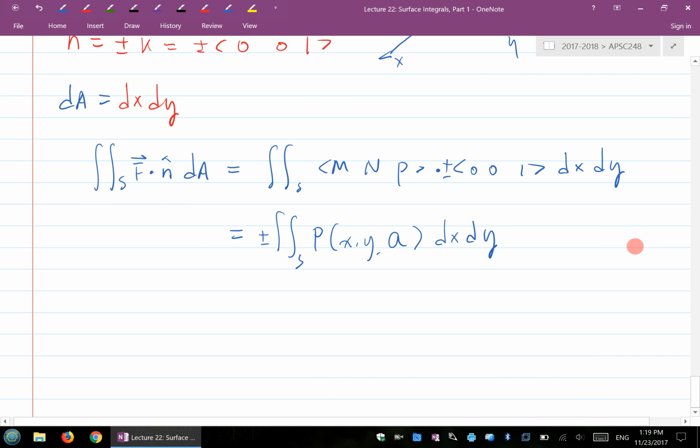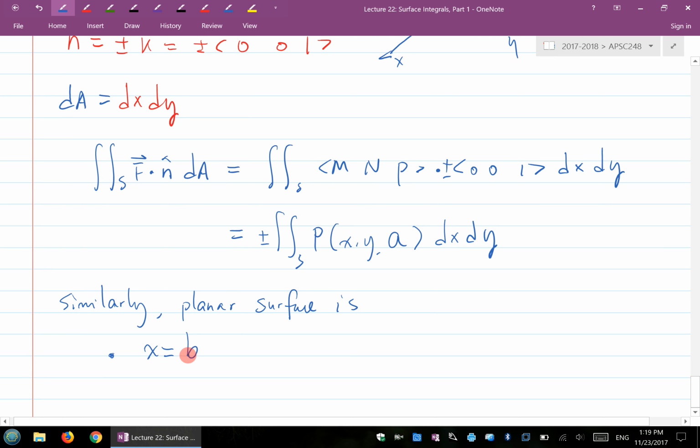Is that clear? Okay, so now I want you to expand this very similarly. If we're talking about a slightly different planar surface, let's say x equal to b.